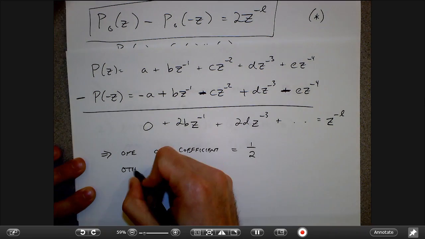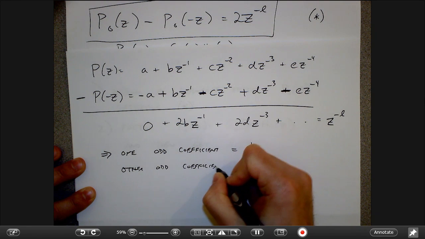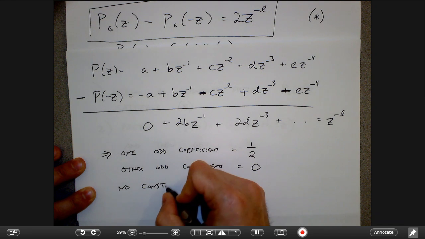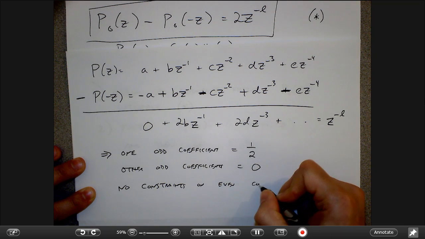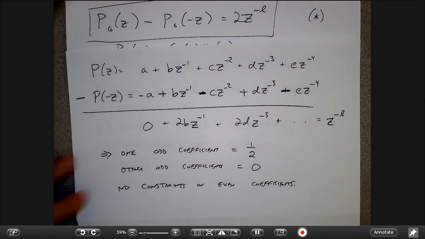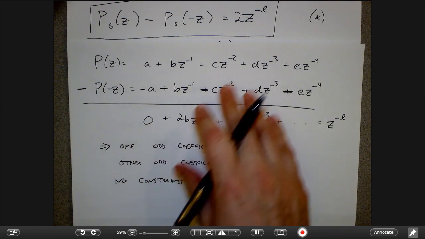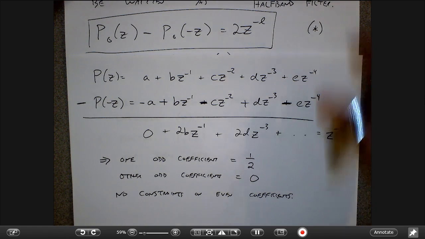The other odd coefficients have to equal 0, and then there are no constraints on the even coefficients. So that gives me a lot of freedom to design these half-band filters. And so let me give you an example and then show you how this thing would work.